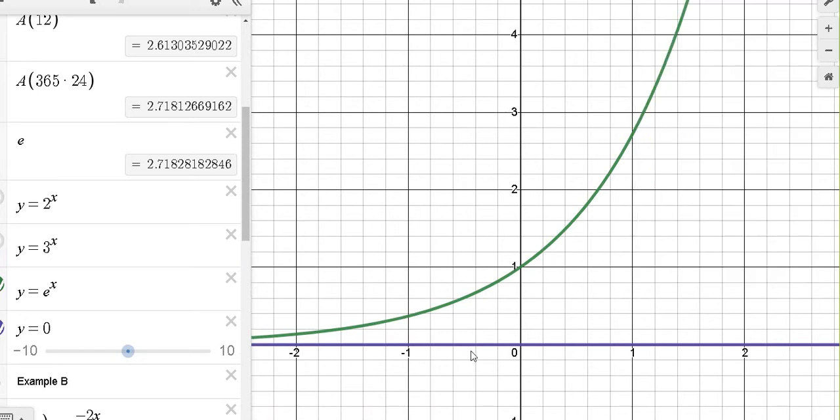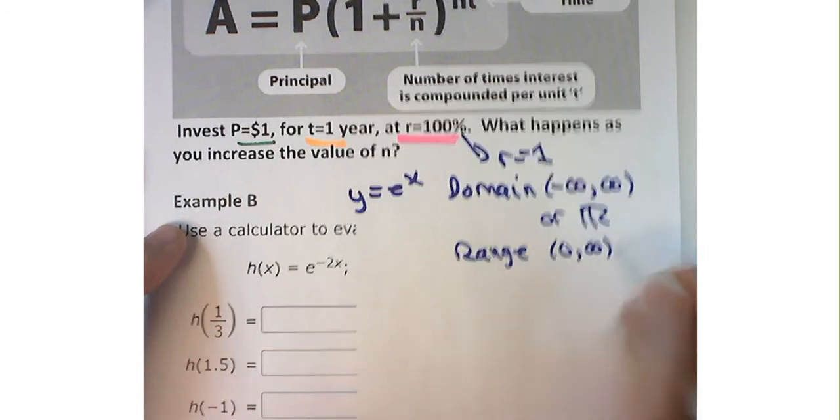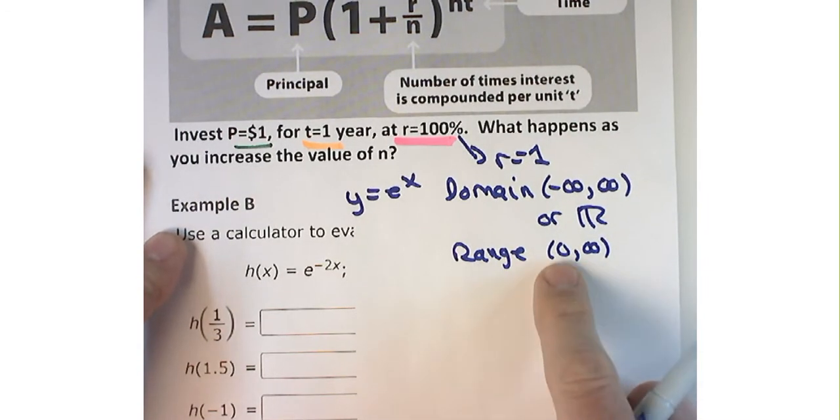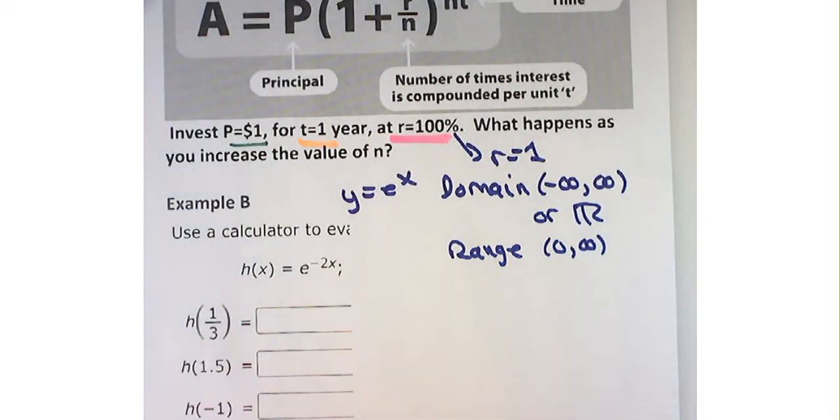So the range is on the y-axis, and we want to list it from top to bottom. So it starts at 0, doesn't get below 0, and goes up and up and up to infinity. So it's going to be 0 to infinity for the range. And I'm using parentheses because infinity always gets a parenthesis, but 0 gets a parenthesis as well because it doesn't quite touch 0.